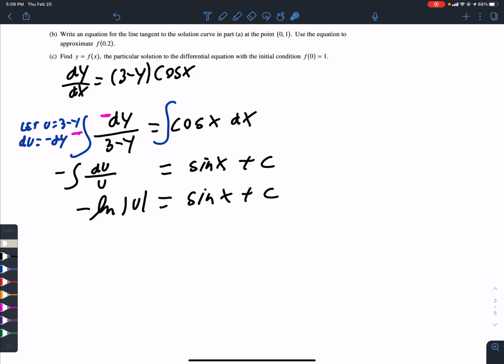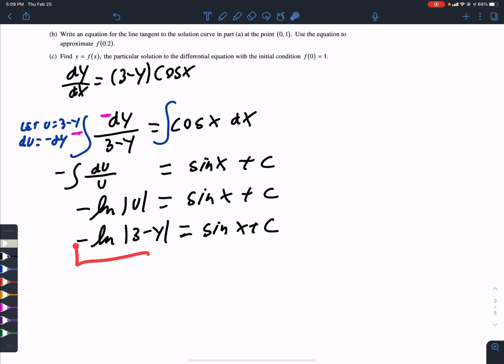So on this particular error, they actually gave you a point. Oh, we got to sub u back in. U is 3 minus y. So in this particular year, they actually gave you 1 point for that, 1 point for that, and 1 point just for writing plus c.